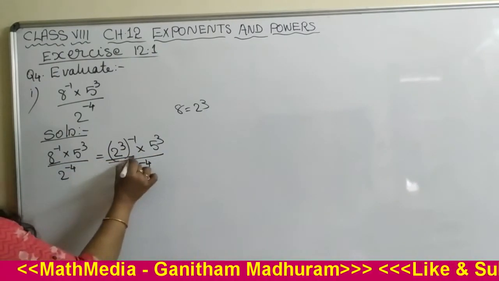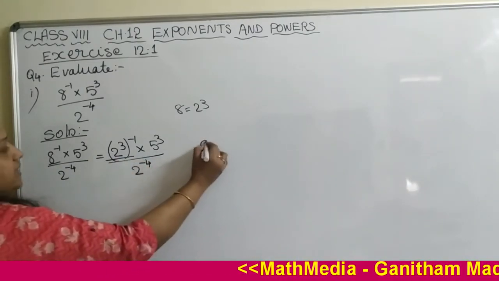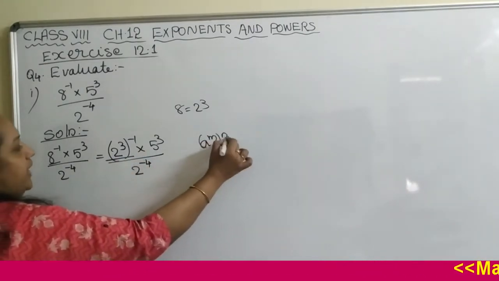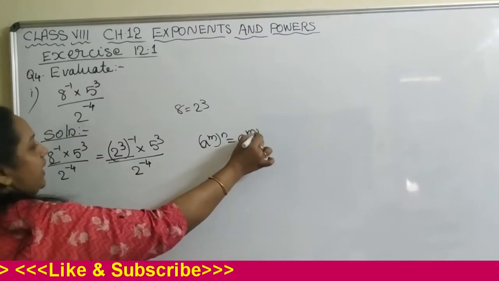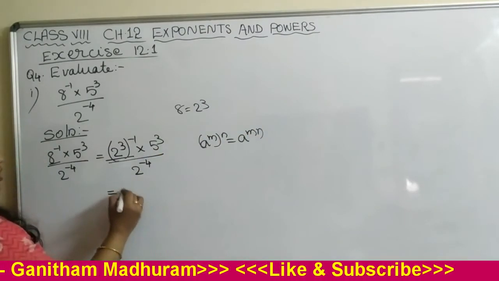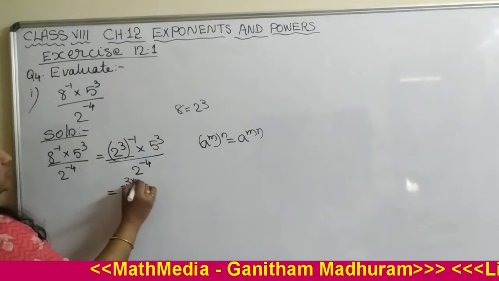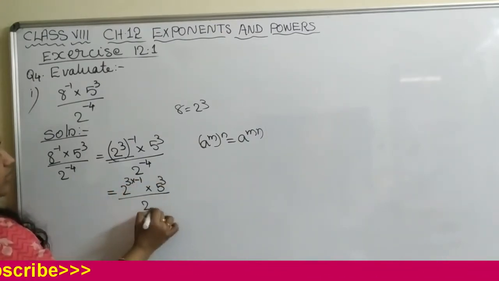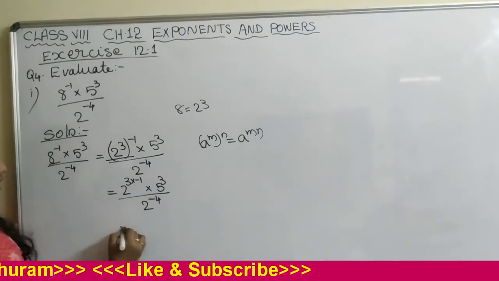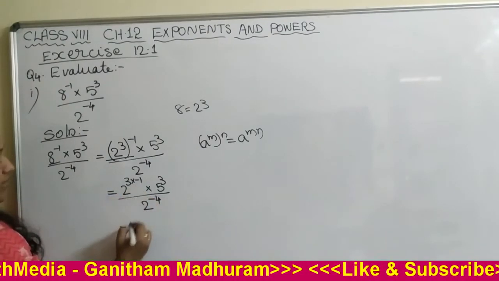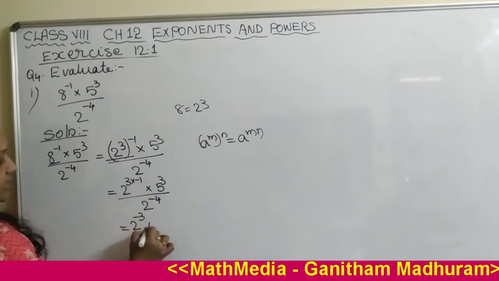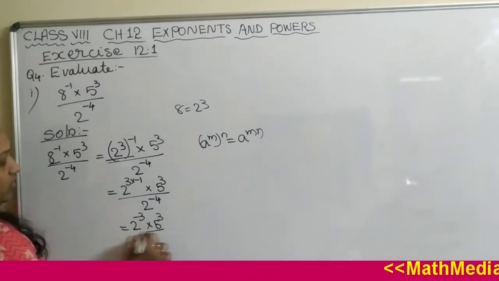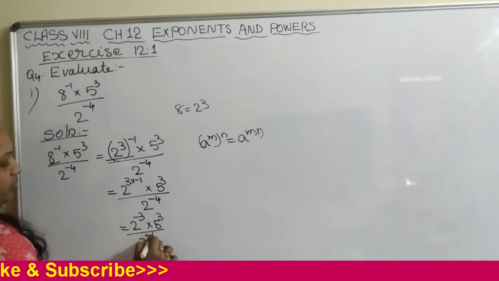Now see this term. Here (a raised to m) whole raised to n equal a raised to mn. So (2 raised to 3) raised to minus 1 into 5 cube whole divided by 2 raised to minus 4. 2 raised to 3 into minus 1 means minus 3 into 5 cube whole raised to 2 raised to minus 4.